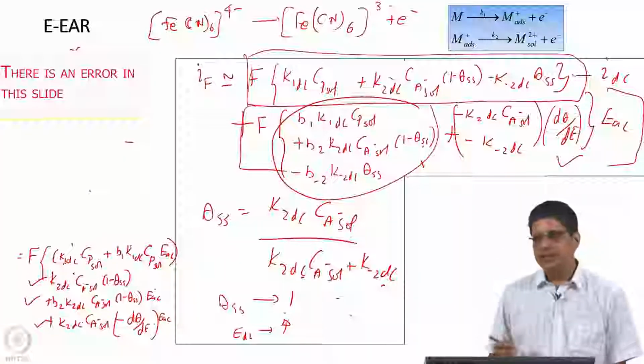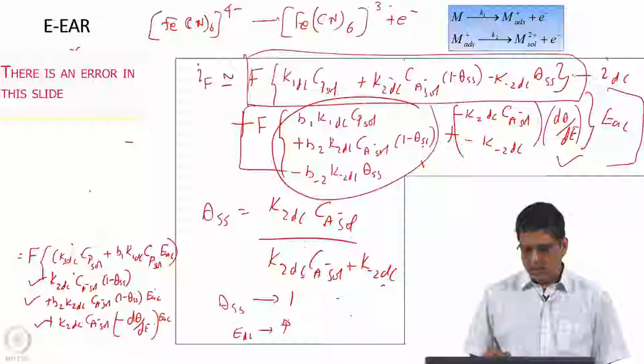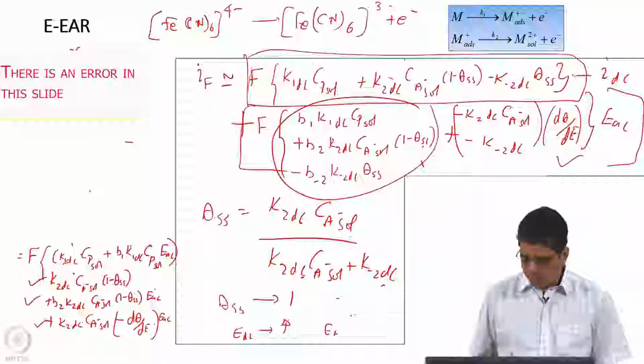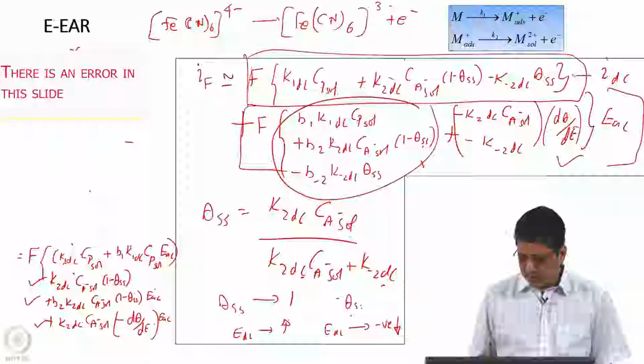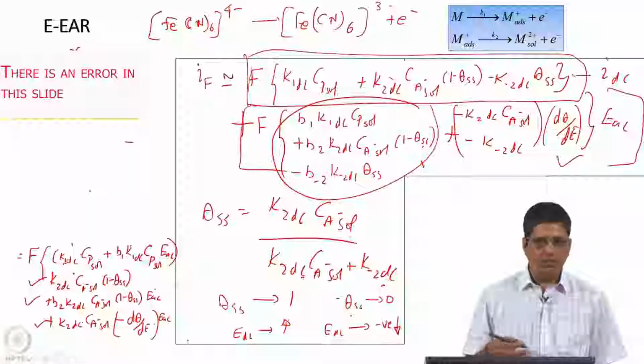When DC potential is decreased, what happens? K minus 2 will increase, K2 in the numerator and denominator, that term will decrease. So, when DC potential is moved to negative values, theta steady state will approach 0. It will not become 0, it will become close to 0.